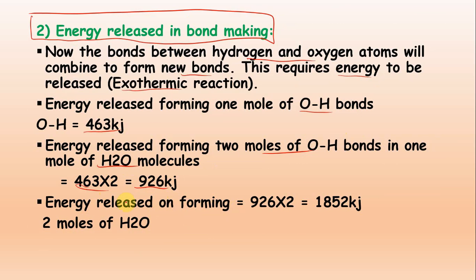But in the question there are 2 moles of water, so energy released on forming 2 moles of water will be 926 multiplied by 2, and you will get 1852 for step 2, energy released in bond making.